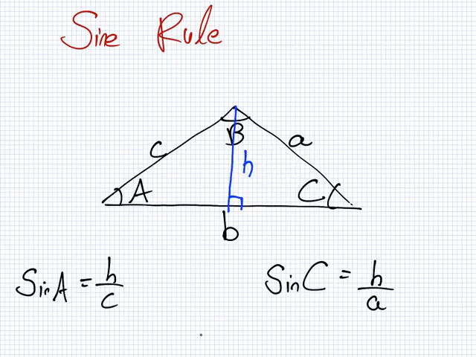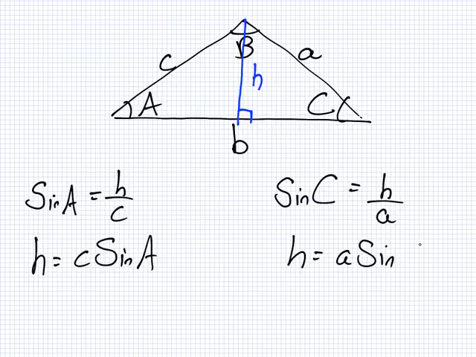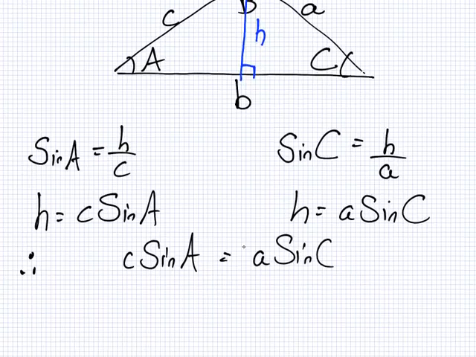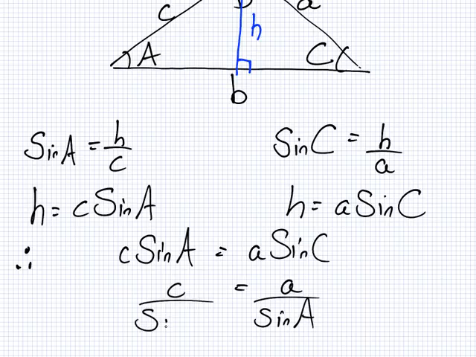Now, we can say that H equals C sine A, and then H equals A sine C. So therefore, we can say C sine A equals A sine C, which we can rewrite as A over sine A equals C over sine C. And this is actually the sine rule.